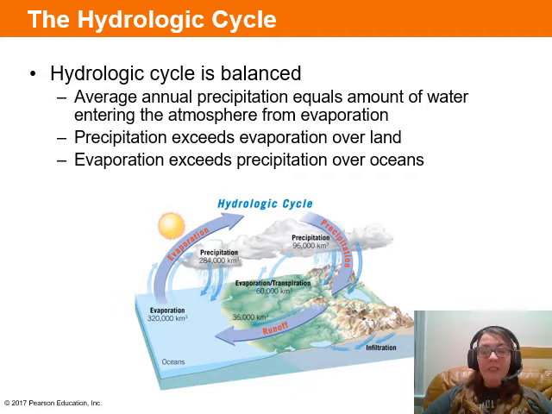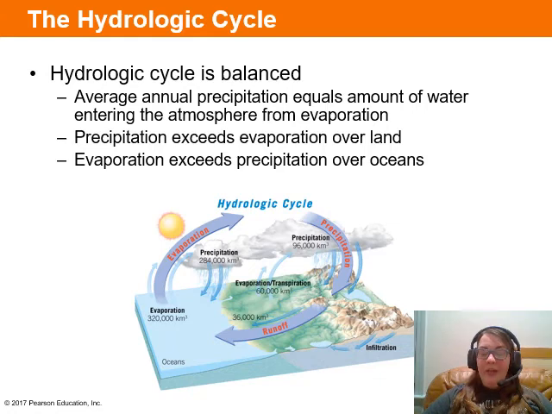But if we look at the differences between our oceans and our land, we're going to see that over our oceans, we see much more evaporation than we see precipitation. And that's because we have sunlight hitting the surface of our oceans. It's going to get really hot and it's going to begin evaporating.